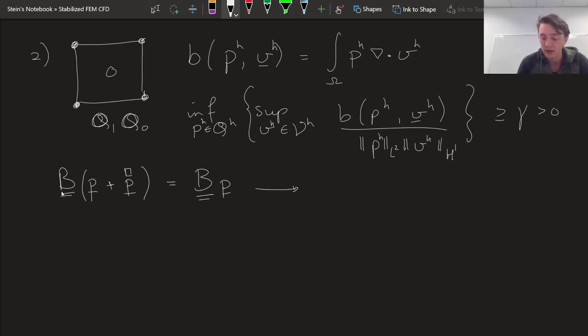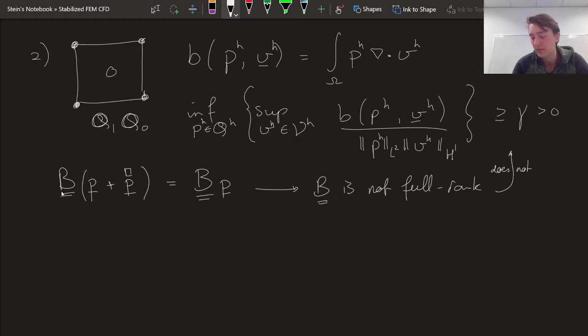So again, this means B is not full rank, which means that the condition does not hold. And that's going to be our strategy for showing that the inf-sup condition is not satisfied.